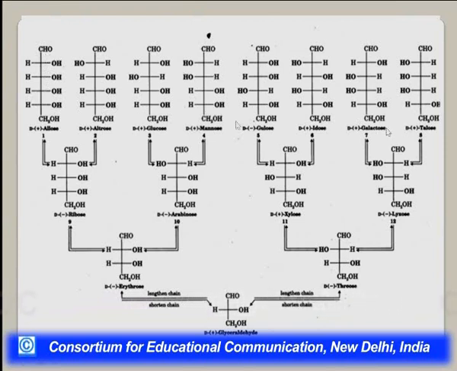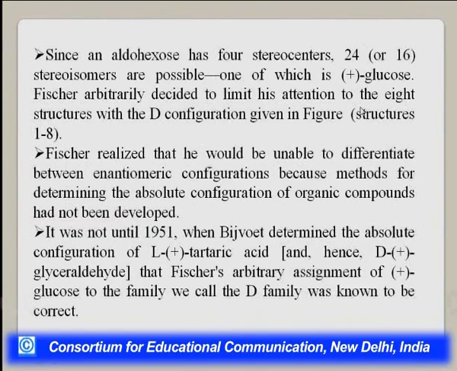Both will give a meso compound. If these two terminals get oxidized to carboxylic acid, then this molecule will be a meso compound, so it will not be optically active at all. Same here with 1 also. So these two structures are discarded as the structure of glucose.